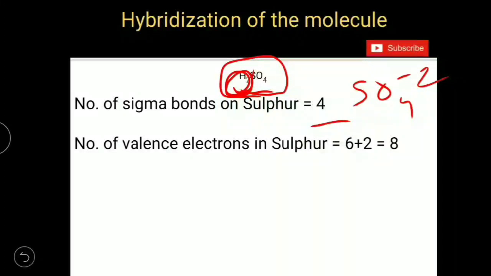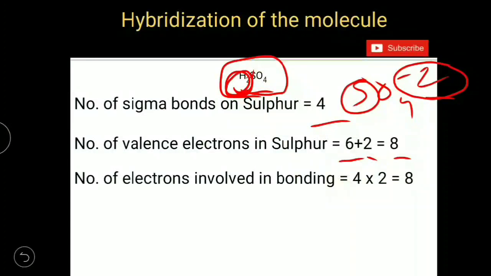It is a dibasic acid, that's why it loses 2 H+ ions. So after losing 2 H+ ions, its formula will become SO4 2-. Sulfur already contains valence electrons 6 and we need to add the number of negative charges present on the ion. So sulfur valence electron 6 plus 2 negative charges are there. So 6 plus 2, 8. So valence electrons present in sulfur equal to 8 now.